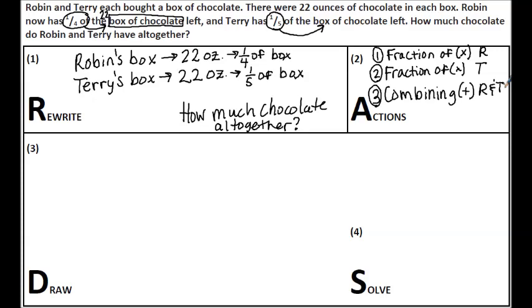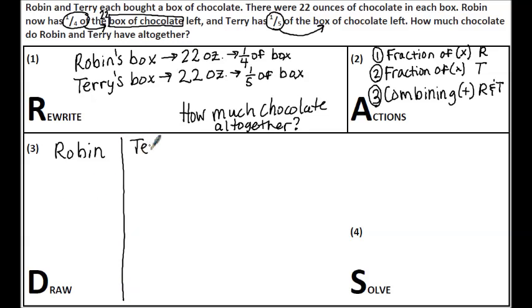So instead of drawing this out, sometimes it's just quicker to organize the work, instead of drawing a picture for everything, but you could definitely draw a picture for different parts of this if you're having trouble. So we have Robin, and we know that she has 22 ounces of chocolate to start off, and now she only has 1/4 of that 22 ounces.